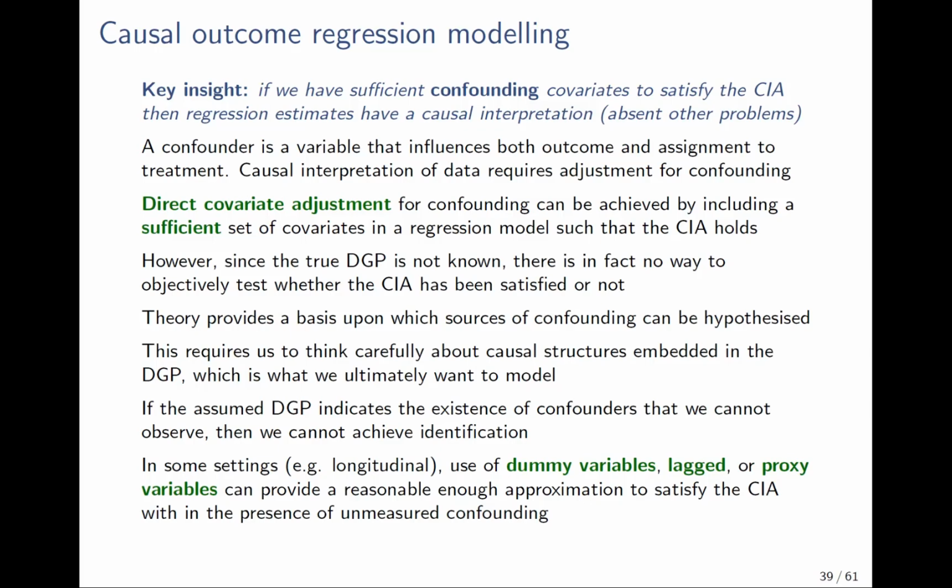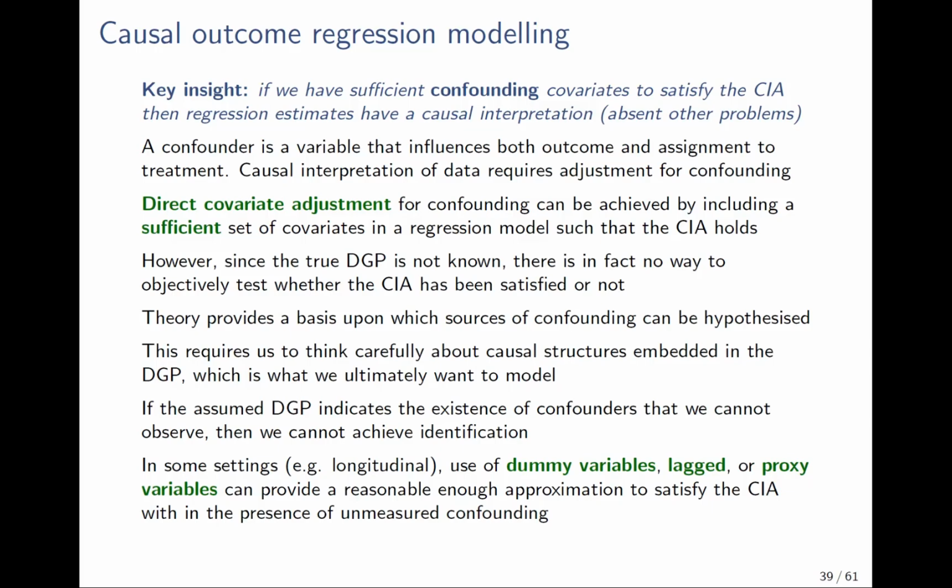So direct covariate adjustment can be achieved by including a sufficient set in the model, as I've just said, but the data generating process is in general not known, and in fact there's no way to objectively test whether the conditional independence assumption has been satisfied or not, and that's a real challenge in causal inference.